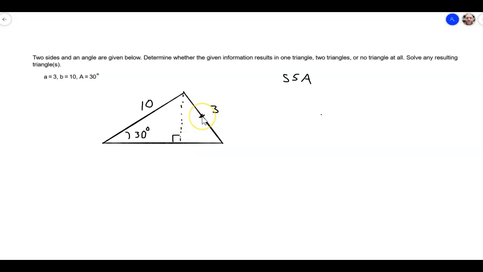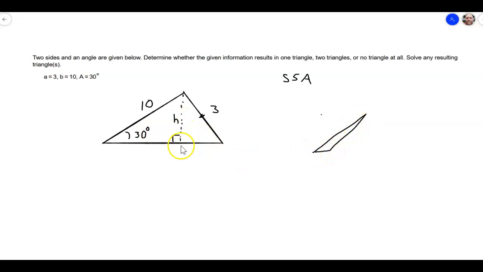Now, if this length is somewhere between this height, I'm going to call this H here, so it's longer than this height, but it's shorter than this length here, then we're going to be able to make two triangles because we'll be able to swing one down here like I have it right now, or we'll be able to swing it around to the other side over here and make a triangle that looks kind of like this right here.